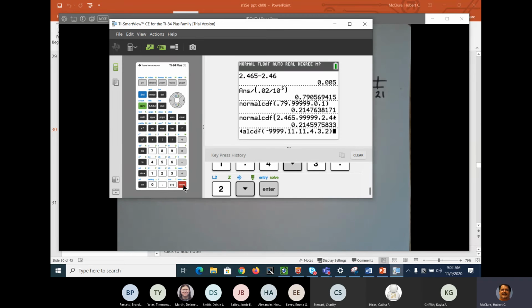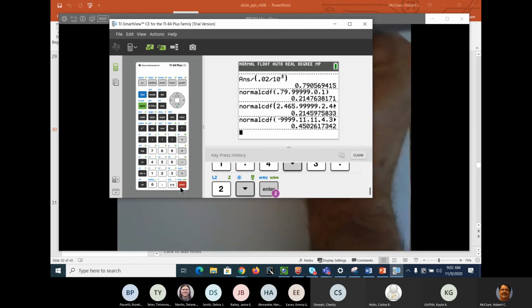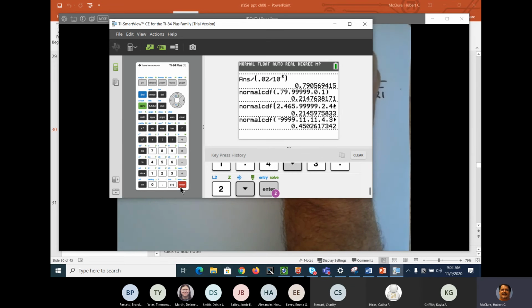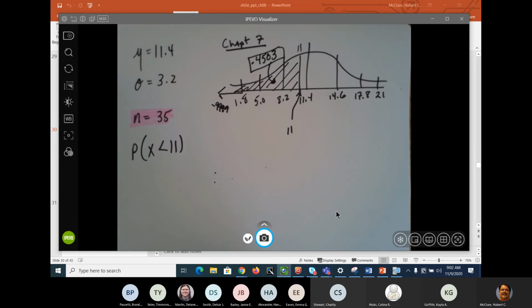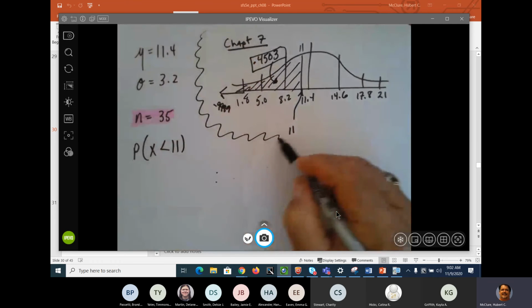And then paste, and it's going to be less than 50%. 0.4503. Okay, so we just did Chapter 7. So we'll just put that in a cloud.